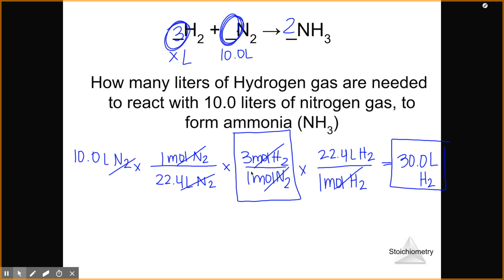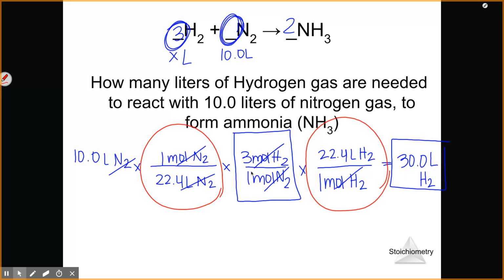Okay, now you guys are busy AP students. So you may have noticed that this conversion factor and this conversion factor actually canceled each other out. So the 22.4 is a conversion factor that works for any gas.